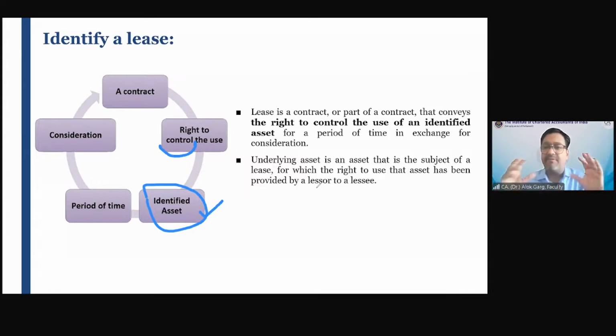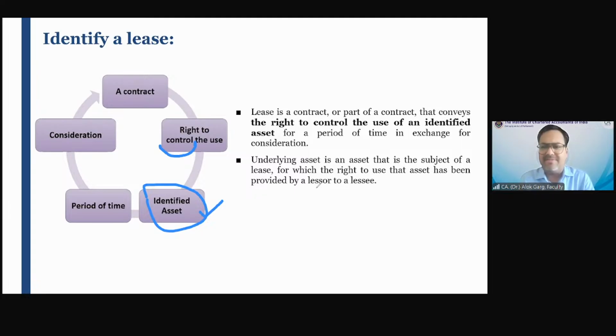Especially in Ind AS 116, you will find cases for evaluation. You will find whether it is a lease contract or not within purview of Ind AS 116, right? In the examination or in real life, you will get a contract where the first word is lease contract, right? So it is a lease contract, but it is not a lease contract within purview of Ind AS 116.